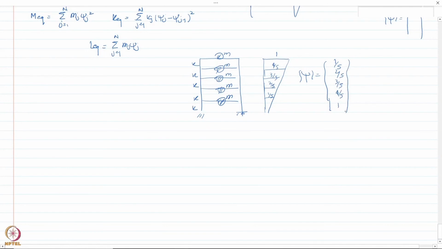So my equivalent mass would become nothing but the sum of mj, which is m for all the system, times phi j square.